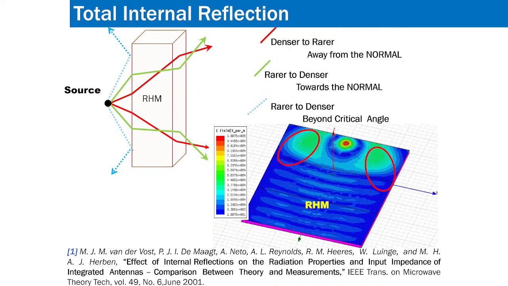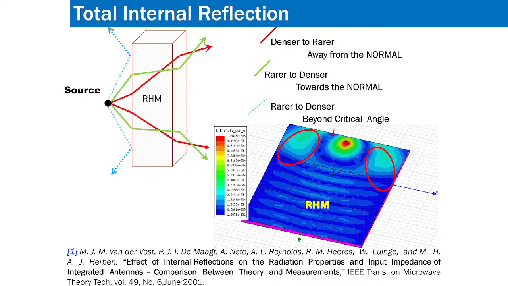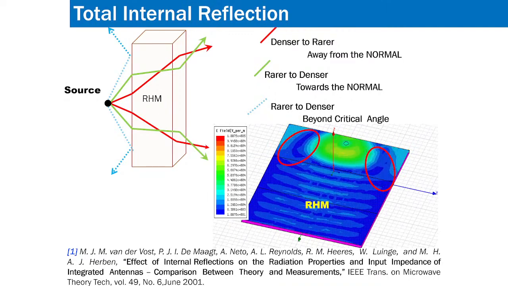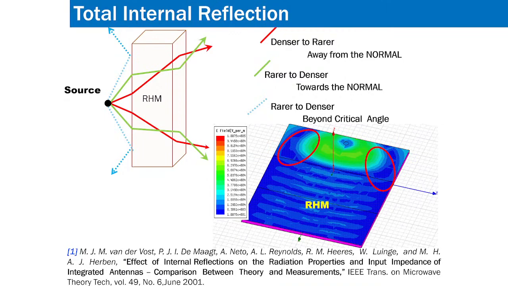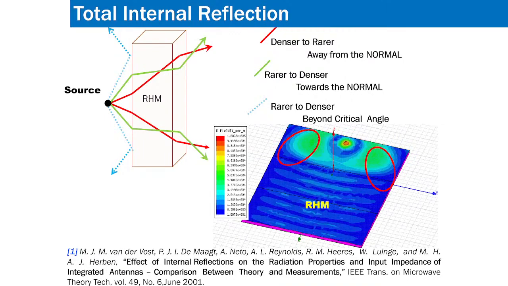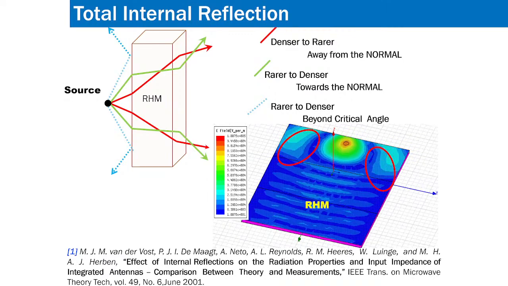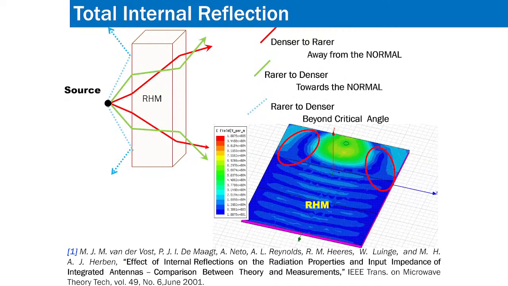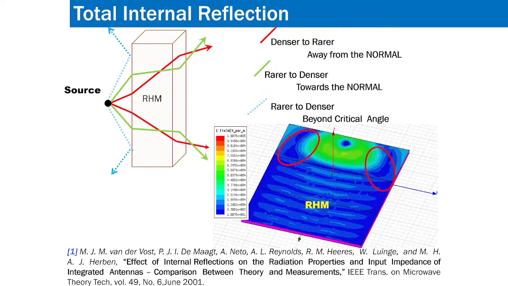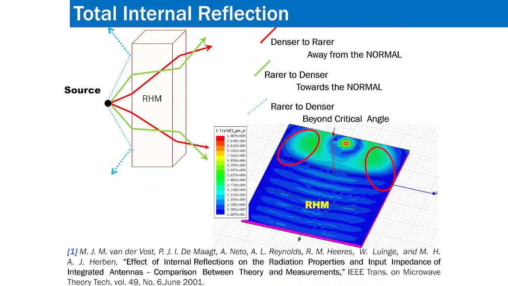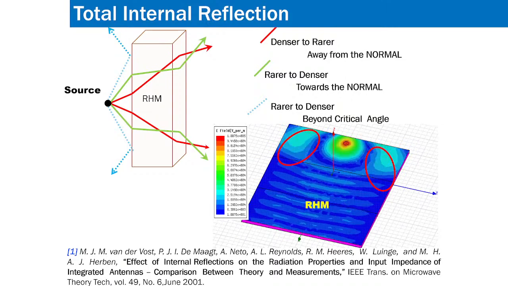In total internal reflection, you incident a wave from a rarer medium to a denser medium. The denser medium is a right-handed medium. You incident the wave beyond a critical angle, so the angle of incidence is more than the critical angle.